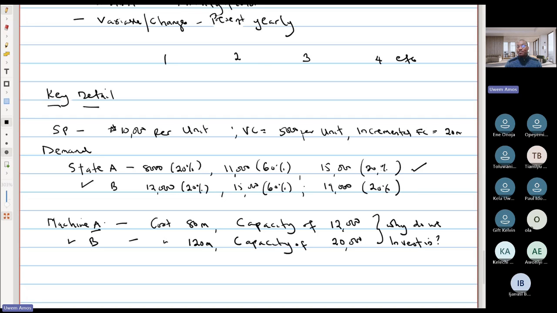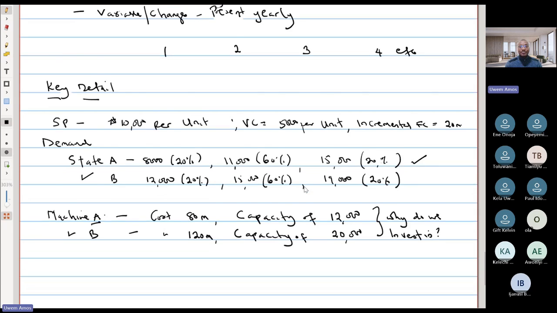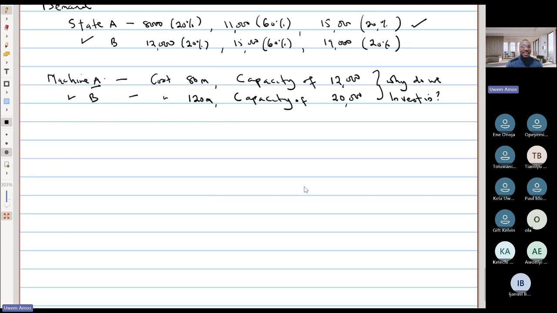But let's look at the expected sales for state A first. When I purchase machine A, which costs me 80 million, with 12,000 capacity, we could have state A happen. So what is the expected demand for state A?